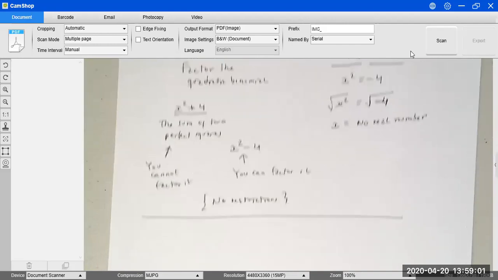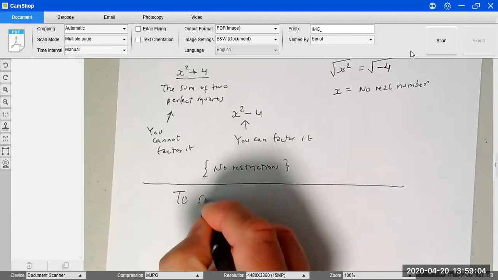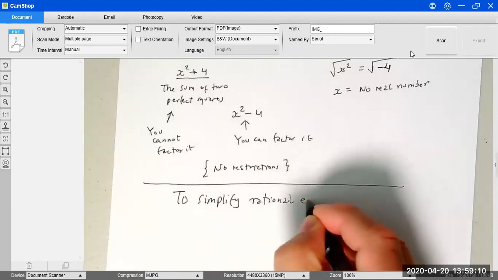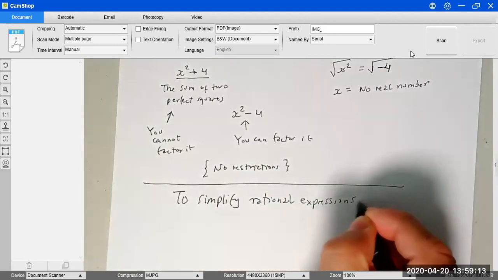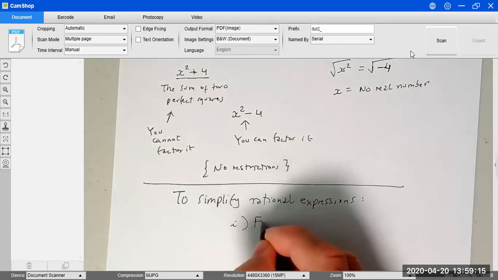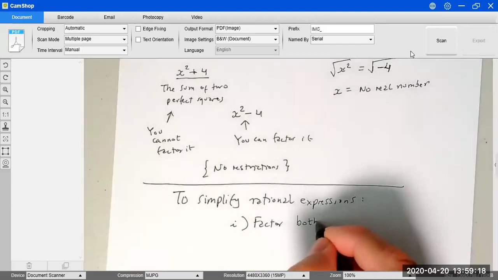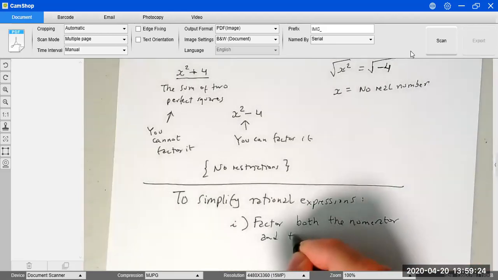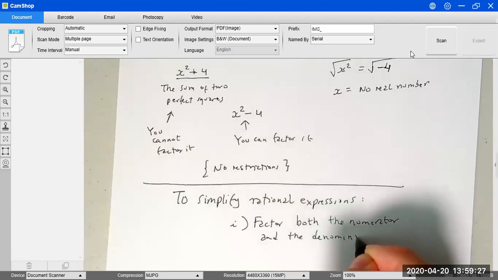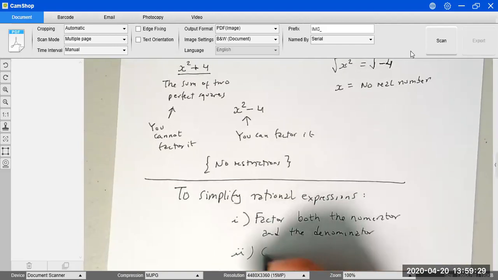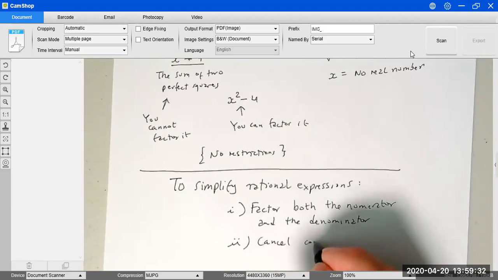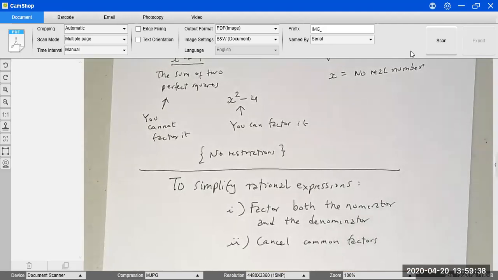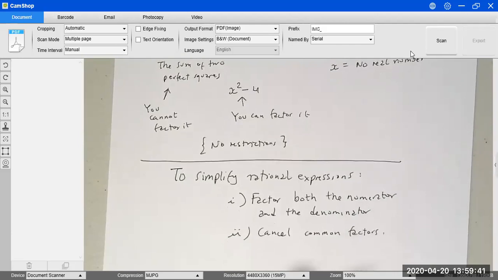To simplify rational expressions, you're gonna factor both the numerator and the denominator, and you're gonna cancel common factors, and then this is gonna be the final answer.